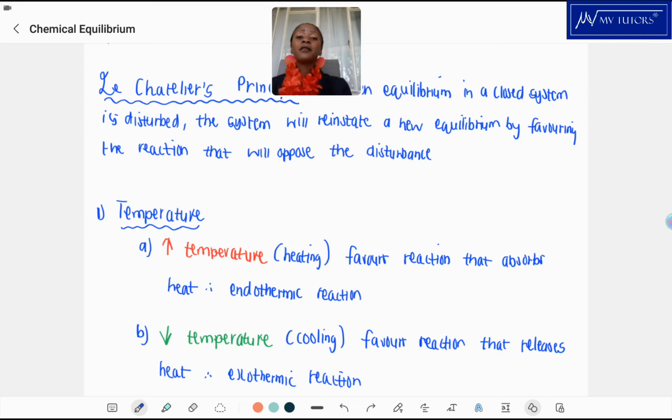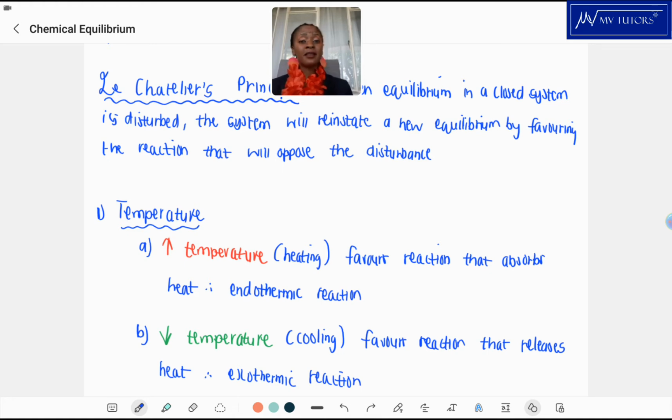If in your chemical equilibrium you were to increase temperature, by referring back to our videos on the rates of reaction, when you talked about endothermic and exothermic reactions, you know that endothermic reactions require heat, they absorb heat in order for the reaction to occur. Whereas exothermic reactions release heat, so once the reaction has occurred, they release heat into the system.